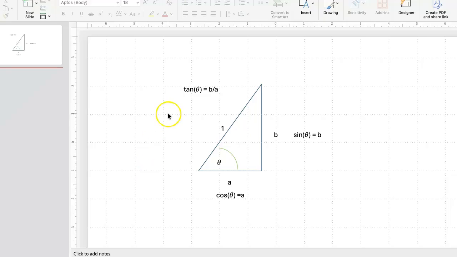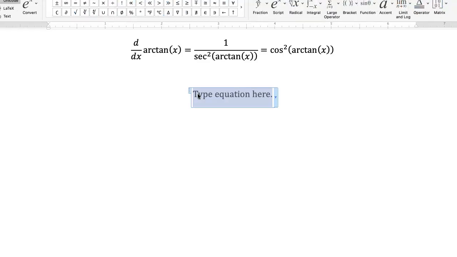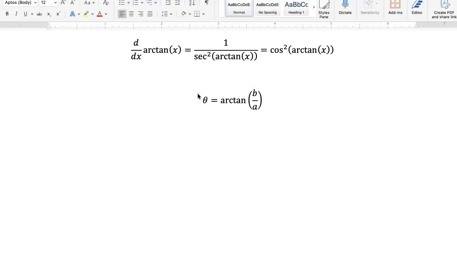Okay, so back to the math bits, because this angle theta is the arctangent of b over a, we can write that pretty simply. So the angle we're after, theta, is the arctan of b over a. And the cosine of that angle is a.